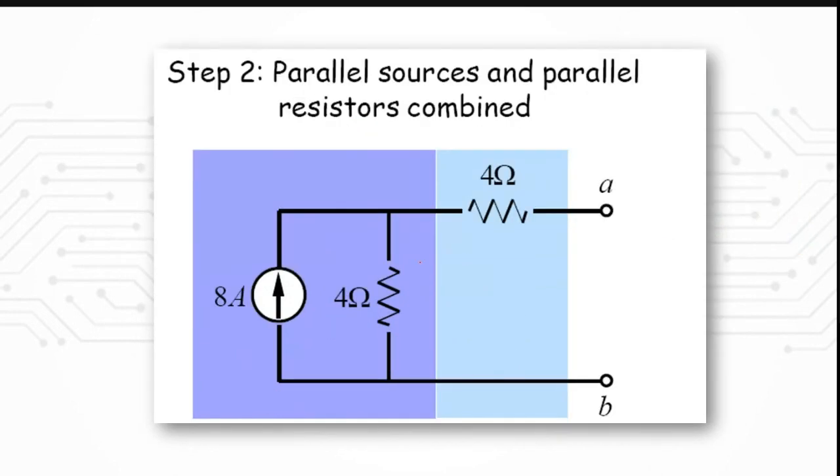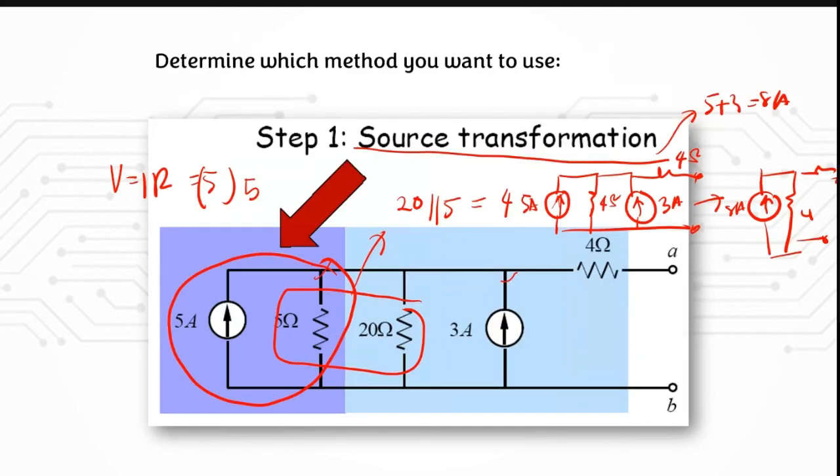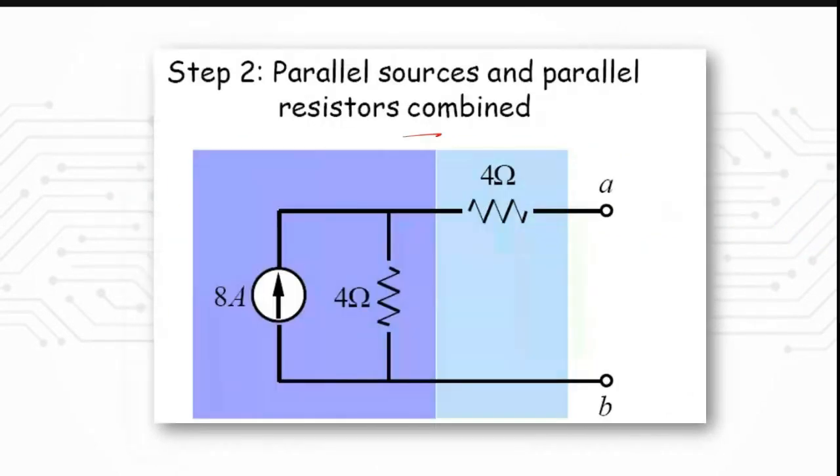So this is the circuit that you have when you have the parallel sources and parallel resistors combined, which is this one, parallel sources with this parallel resistor. And then after that, from here you can just do the source transformation again, where you want to get the V, right?